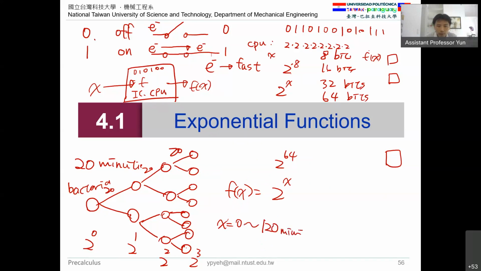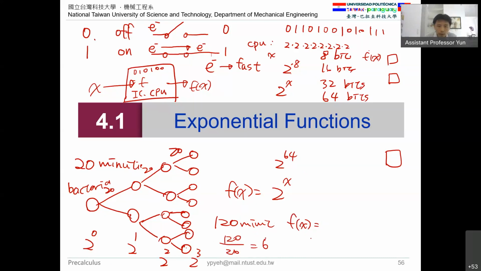Okay, so then maybe every 20 minutes, so that would be 6. We can estimate what the amount will be after 120 minutes. So you can see that 120 divided by 20 will be 6 here, which means 6 times of variation.